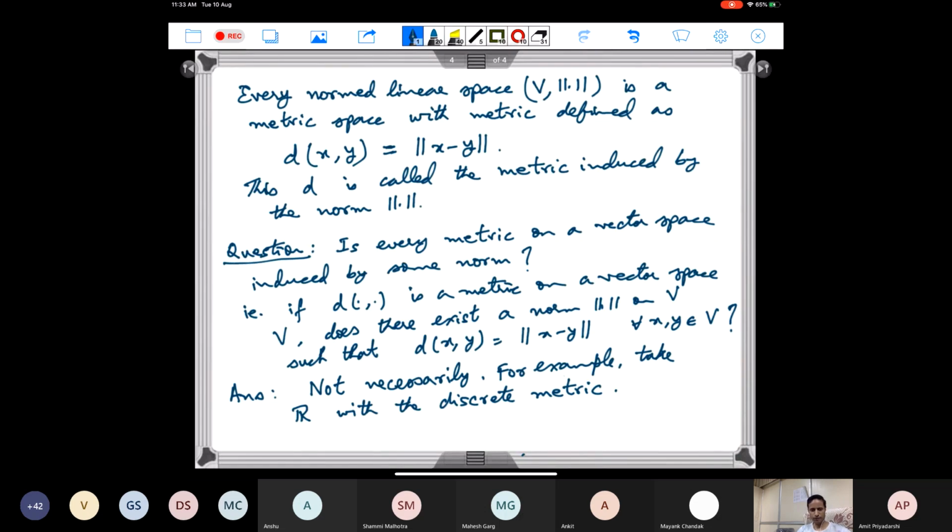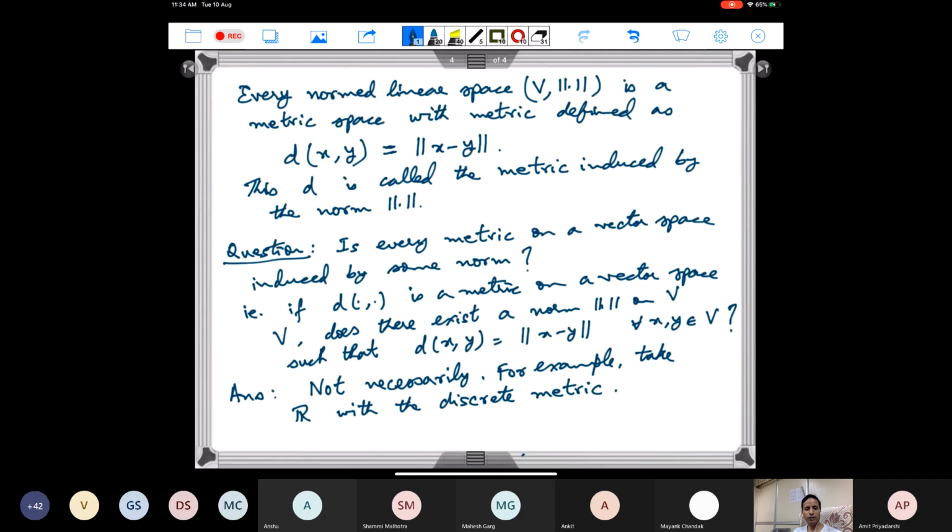So in fact, if you have any metric which is bounded, then this will not be true. You see, if we have a metric, and I take two points such that the distance between x and y is equal to some positive number r, then distance between 2x and 2y will be 2 times r, because it is norm of 2x minus 2y.